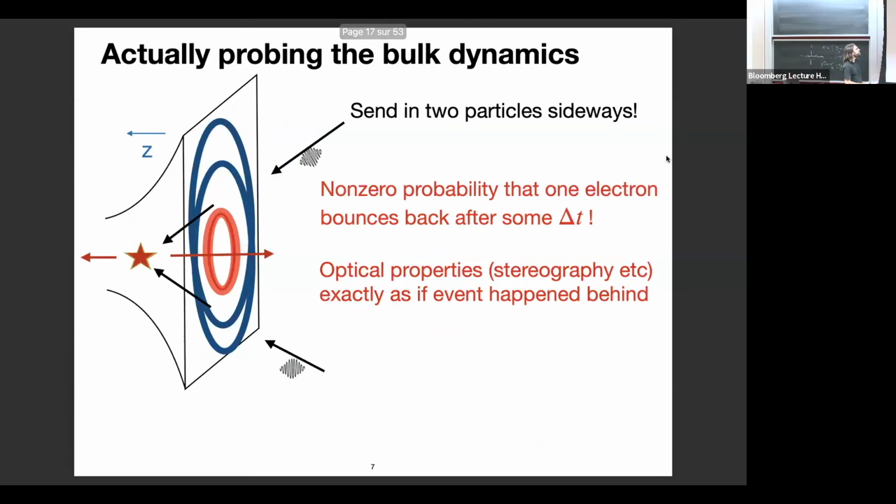But at this level, it's just two ways of looking at the same thing. It really acquires juice when you do more interesting experiments. If you send in two particles sideways, an electron from here and an electron from here, they can scatter in the bulk. There's a chance that one particle comes back, and by momentum conservation, the other will keep going into the space. One will come out.